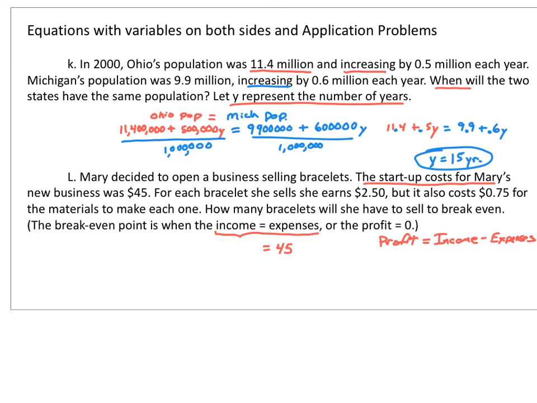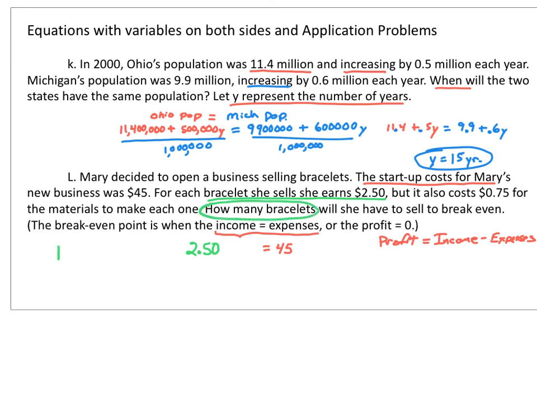Okay, for each bracelet she sells, she earns $2.50. So if you use that $2.50 as income, that's okay. So that's $2.50. Now that's for each bracelet. We have to multiply that by the number of bracelets. Oh, see, we forgot. Here's our unknown. How many bracelets?